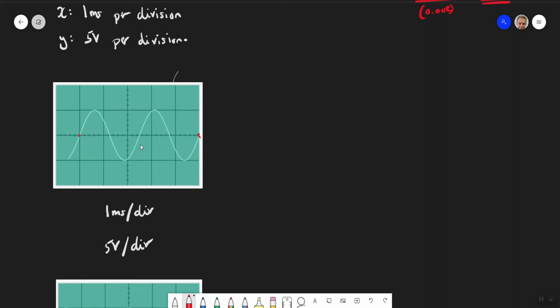Okay. So what I know is this time, which is 5 squares, is equal to, each square is 1 millisecond, so it is equal to 5 milliseconds, so that equals 0.005 seconds. I have 2 waves, because we've got wave 1 and then we've got wave 2.